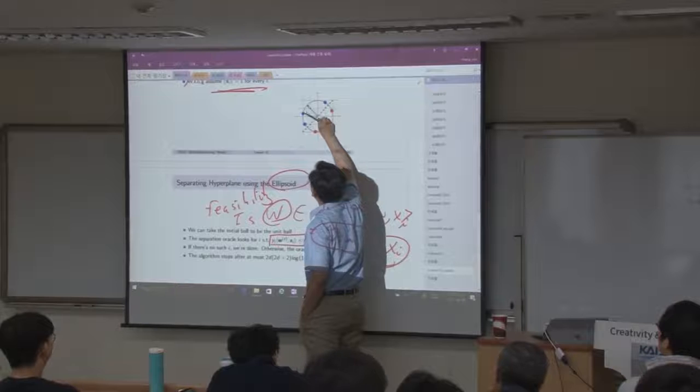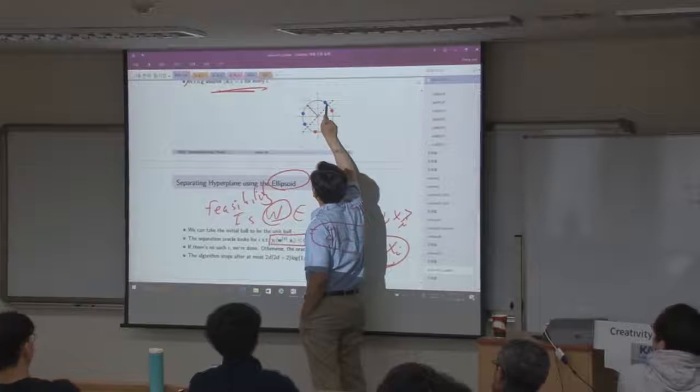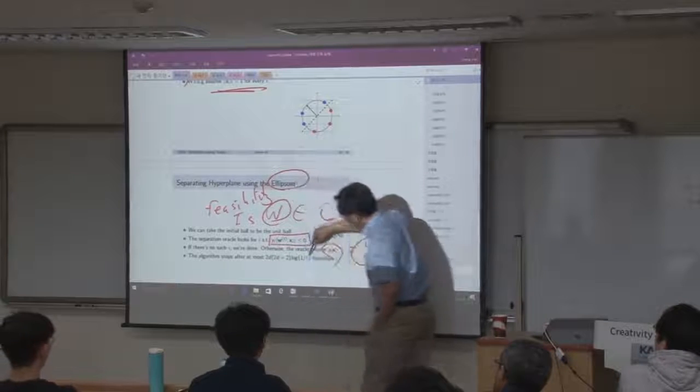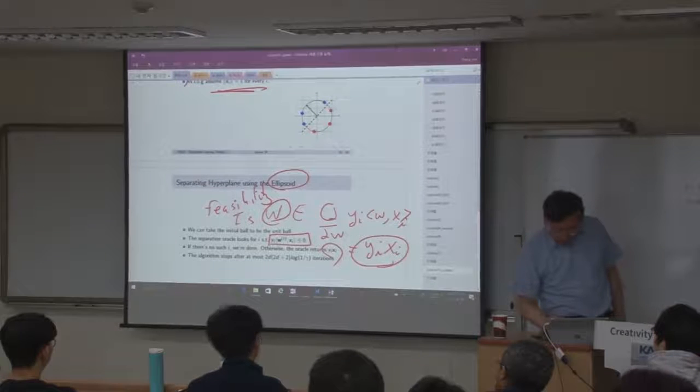So you know that at least the one that is closest will give the largest. Let me just check. It takes this small r. The small r is gamma.